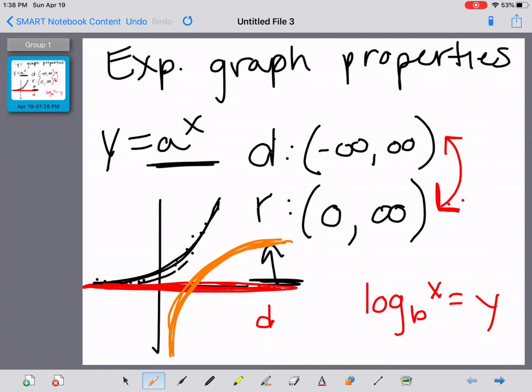There's our logarithmic graph. I have a vertical asymptote, which means my domain, or my x values, would go from 0 to infinity, and then my range would switch to negative infinity to infinity. That's simply because it's the inverse. But you see there is a relationship between our exponential graph properties and our logarithmic ones. So that's kind of the basics.